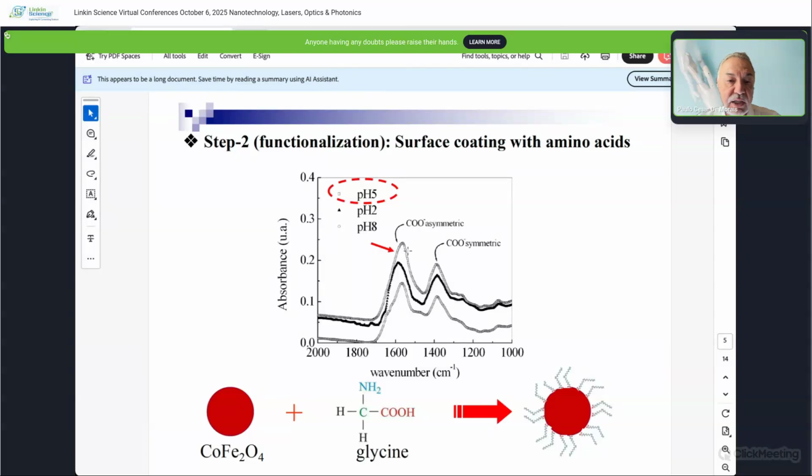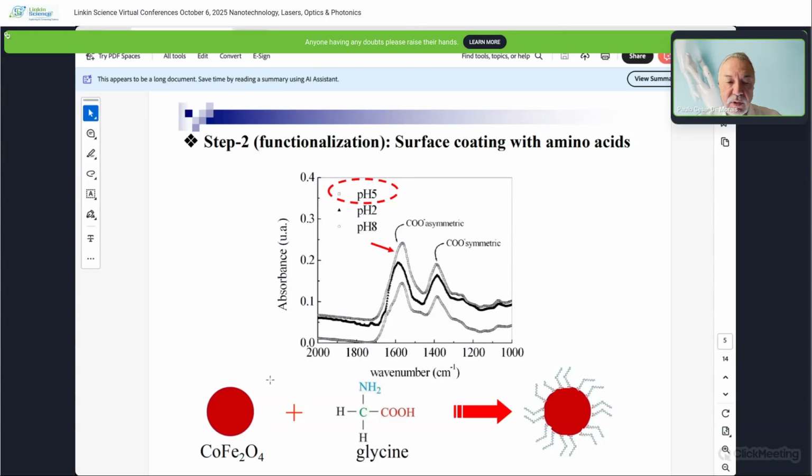And we can find easily that the best pH for surface coating of the magnetic cobalt ferrite nanoparticles is around pH 5.